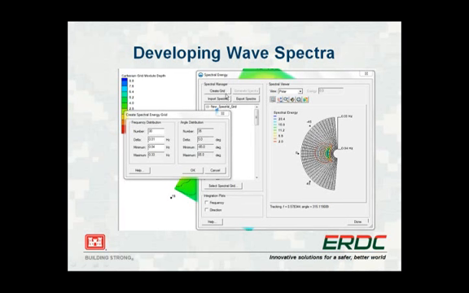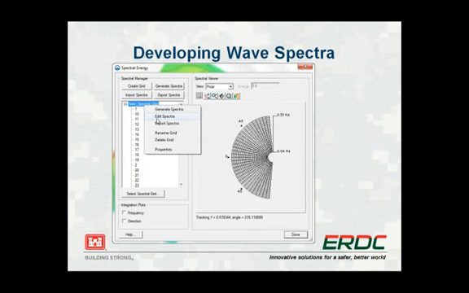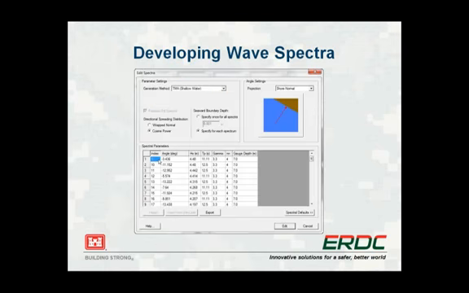The first thing you need to do is create a grid that will cover all your wave periods. You choose your delta, your minimum, and your maximum. Once you have your grid, you can right-click on the new spectral grid and click Edit Spectra, which will give you this menu.